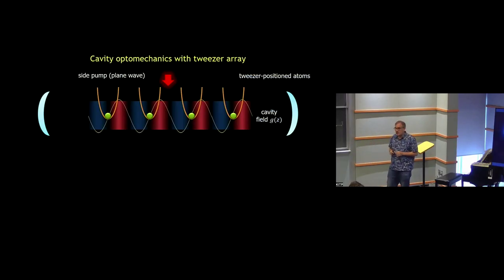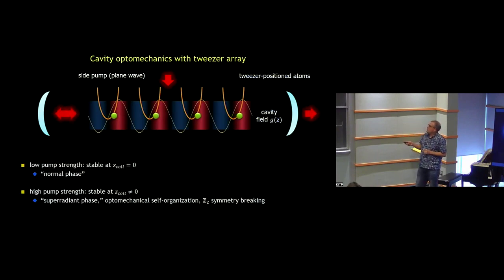But should these atoms move in response to some sort of fluctuation, quantum, thermal, I don't know, somebody kicked the instrument, which happens, then they would move into positions where they collectively radiate light into the cavity. The light inside of the cavity would carry a phase which depends on where they've been pushed. So if the atoms have all scooted to the right with respect to these nodes, they emit a positive value electric field in the cavity that interferes with the side pump and pushes the atoms further to the right.